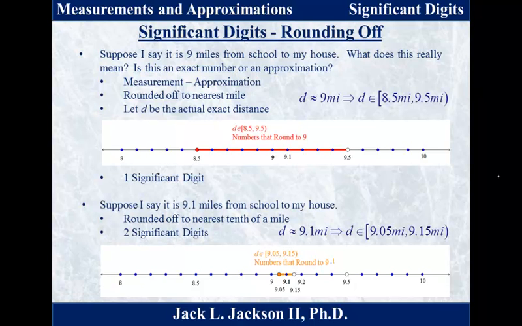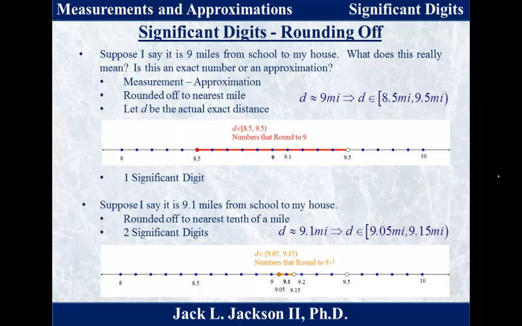So what you end up doing is subtracting and adding a 5 in the next digit over. If we're rounding off to the tenths place, half of a tenth is what we're adding and subtracting, which is a 5 in the hundredths place. So 5 hundredths is half of a tenth.